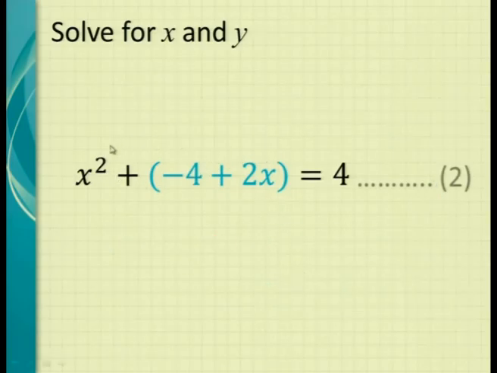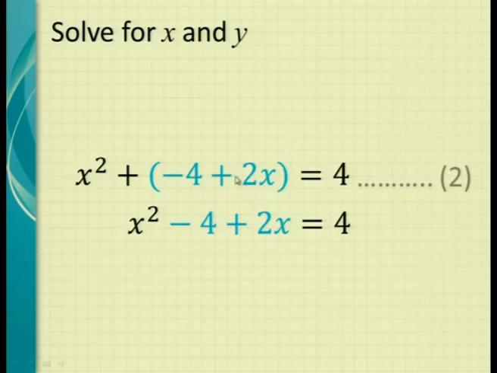So now we can take this thing here, get rid of the brackets like you've learned in your previous grades. How do we do it? The plus and the minus gives you a minus 4, and the plus and the plus gives you a plus 2x. All right. Now this looks like the stuff we did, I think, in lesson 2 or 3.